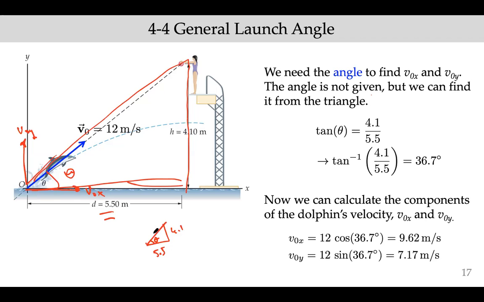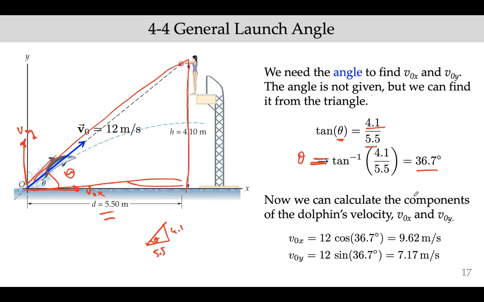Now, if you calculate the tangent, it will be 4.1 divided by 5.5. To find theta, theta equals the inverse tangent of this number, and the calculator will give you 36.7 degrees. So now we have found the angle.